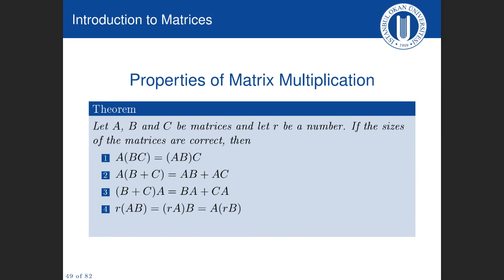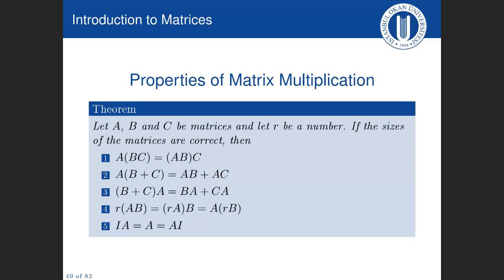A number R multiplied by AB is the same as RA multiplied by B, or A multiplied by RB. If we have a number, it doesn't matter where we put the number. And I multiplied by A is always equal to A, and A multiplied by I is always equal to A.